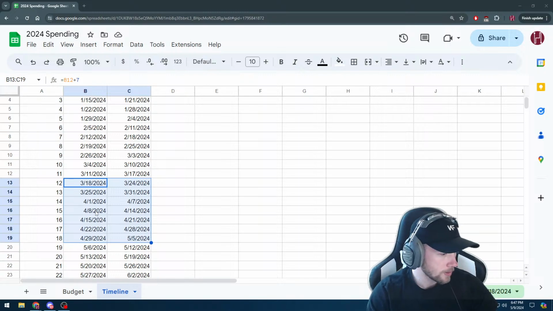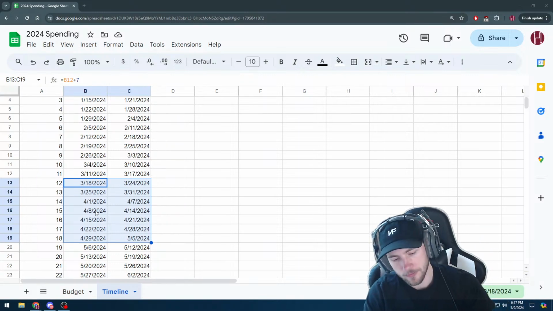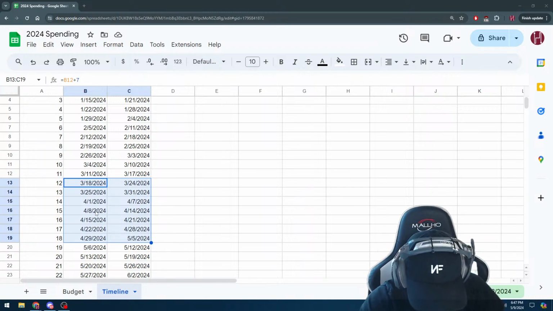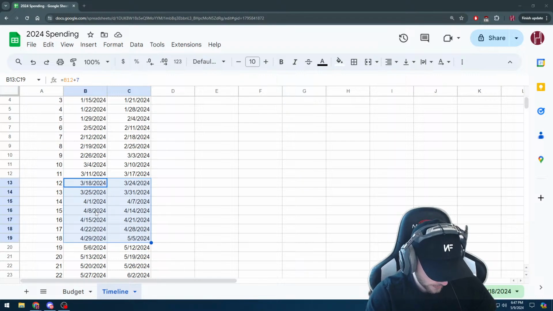3/29. First 13er. 3/29. Another 13er. Push that off. Looks like we got 2 receipts for this guy. 3/26, please, because it's a duplicate. 3/26.